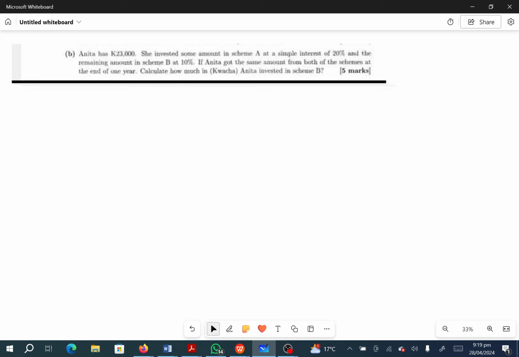She invested some amount in a scheme A at a simple interest of 20%, and the remaining amount in scheme B at 10%. If Anita got the same amount from both of the schemes at the end of 1 year, therefore, calculate how much in kwacha Anita invested in scheme B.